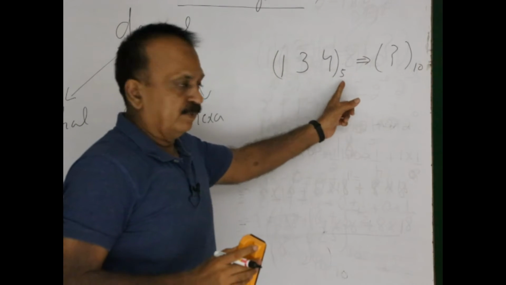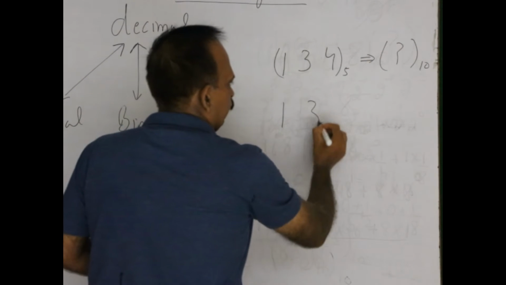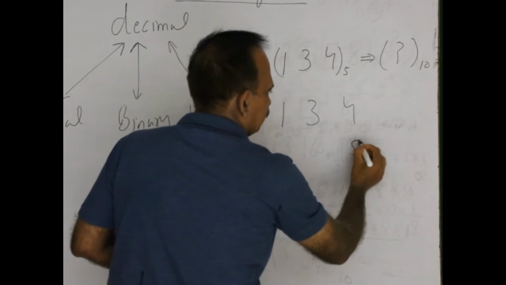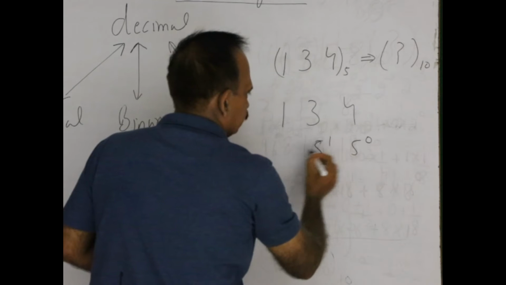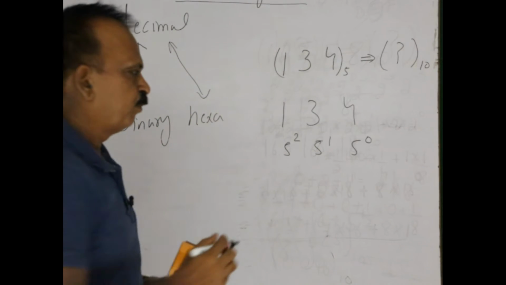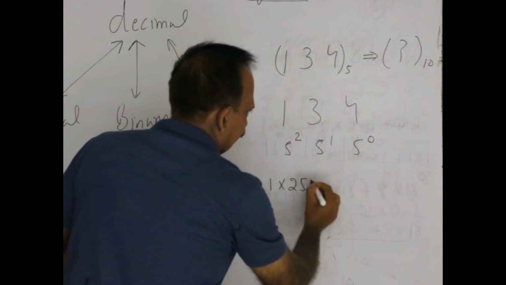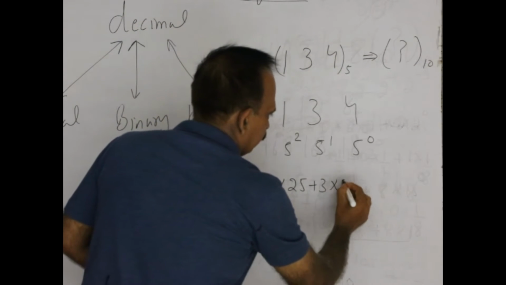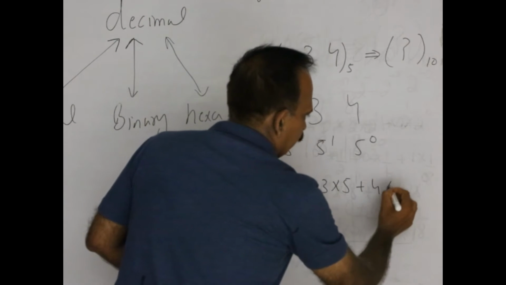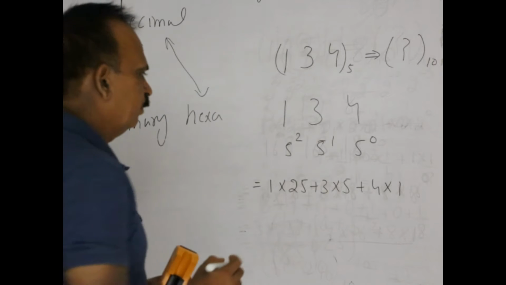Since the base of the number system is 5, I will be using 5. So 1, 3, 4, with 5 raised to the power 0, 5 raised to the power 1 and 5 raised to the power 2. This will be 1 into 25 plus 3 into 5 plus 4 into 1. 5 raised to the power 0 will be 1.